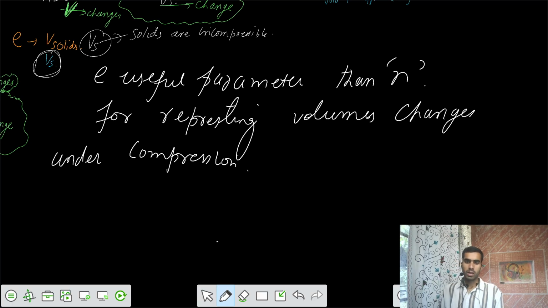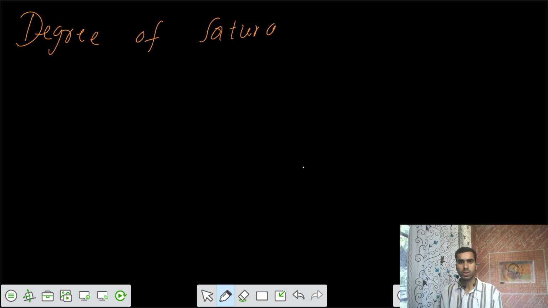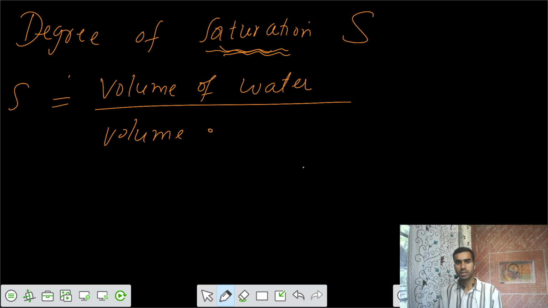Now one more term is degree of saturation, which we represent as capital S. It is the ratio related to water: out of the total volume of voids, how much percentage of the voids are filled with water.